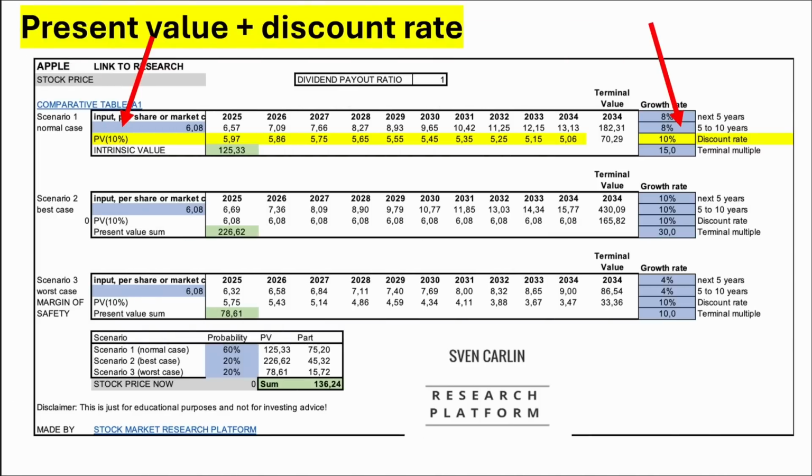Now that we have estimated the future growth rate for earnings in various scenarios, we have to calculate the present value of those future value creations for us as a shareholder. To do that, we have the present value and discount rate that have to be calculated in order to get to intrinsic values.